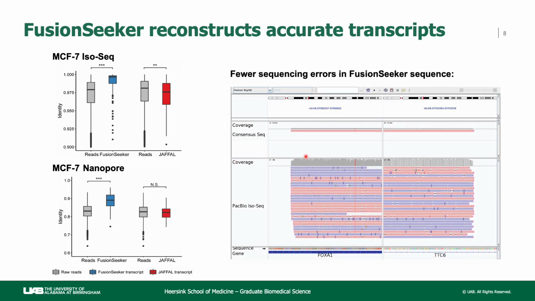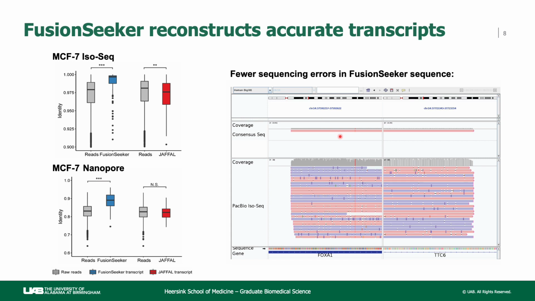And we can show an example of the sequencing errors here. This is the IGV plot showing all the alignments for the reads and also for the consensus sequence of FusionSeeker. Here at the bottom, these are the panels for the PacBio raw reads, ISMB reads. And we see there are a lot of tiny insertions, tiny deletions, and some mismatches in the read alignment. And now this is not observed in the top panel here, which is FusionSeeker's transcript sequences.